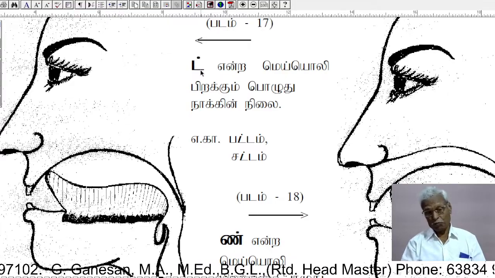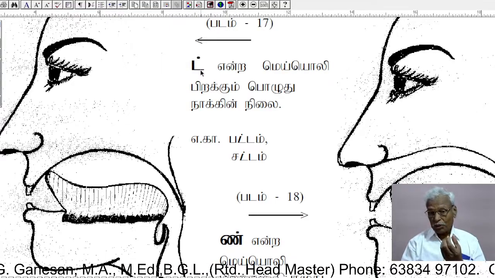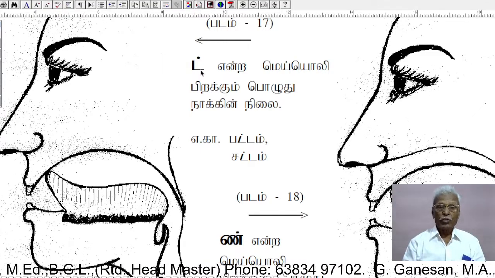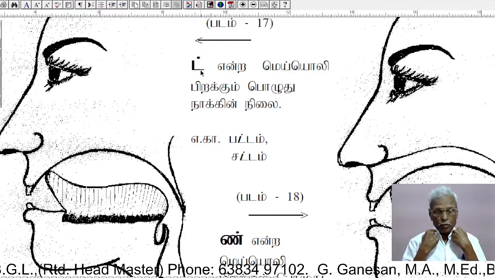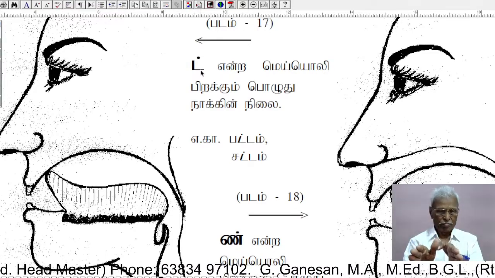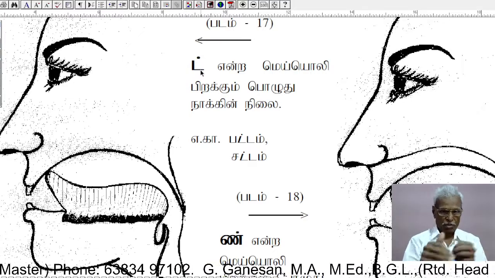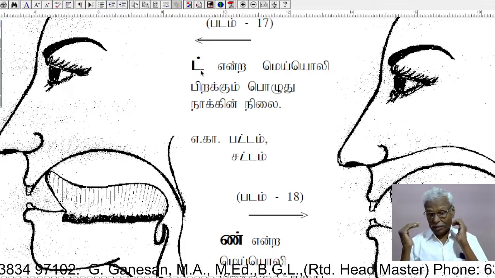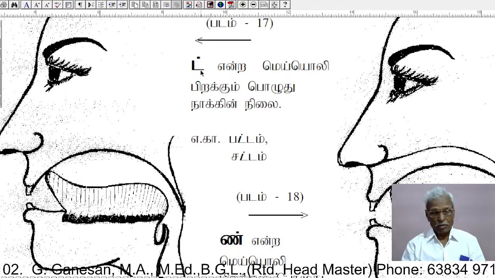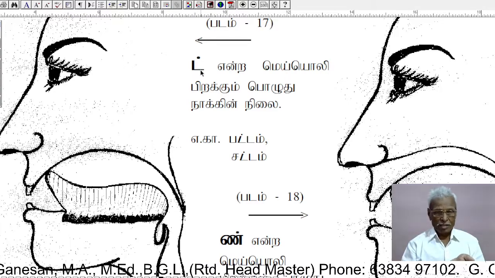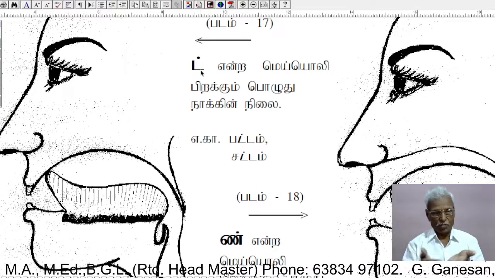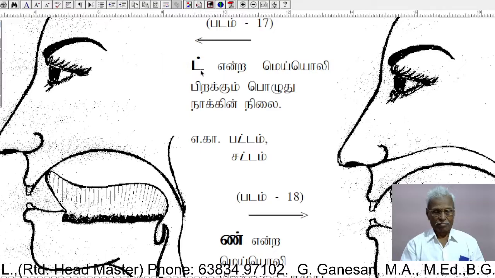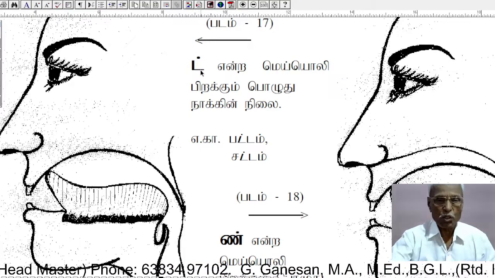That is, the air within the mouth escapes through the sides of the tongue when the vocal cords push the air out, and escapes through the mouth. This is how the sound id is produced.